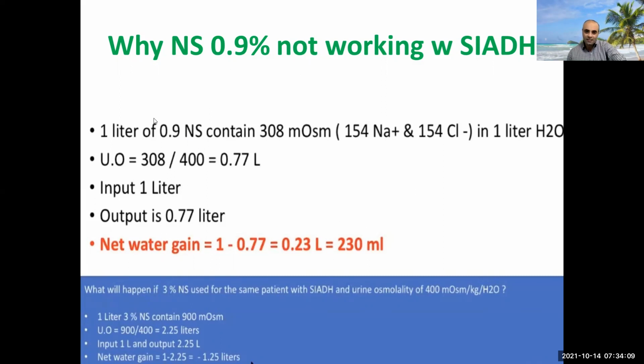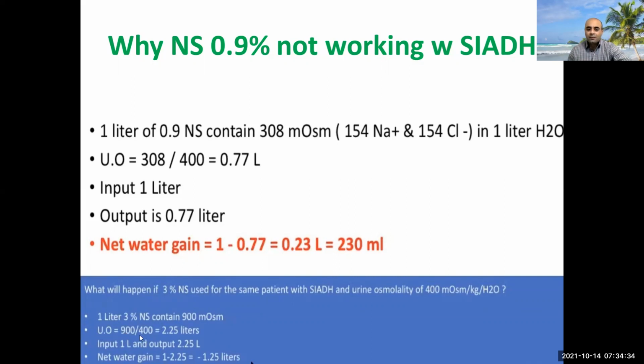You can read more later too. What will happen if you give 3% saline? The same patient with SIADH and urine osmolarity 400. 1 liter of 3% saline contains 514 by 2, around 1000 mmol of sodium and chloride.